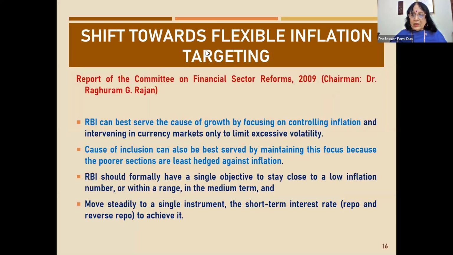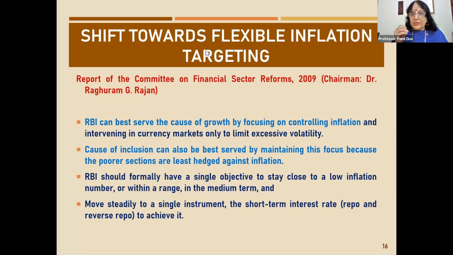So around that time, before 2016, in 2009, a committee was formed on financial sector reforms with chairperson as Dr. Raghuram Rajan, who later became the governor of the Reserve Bank of India. So this committee then decided that it is best to focus on controlling inflation.